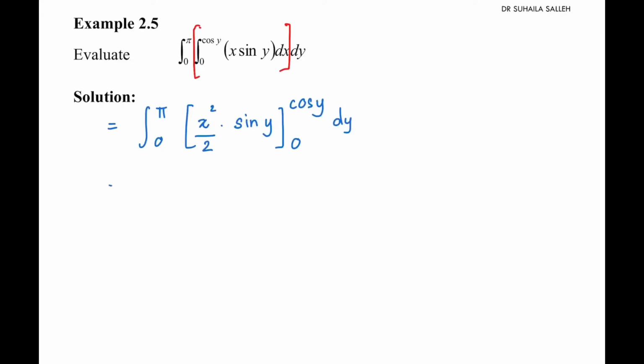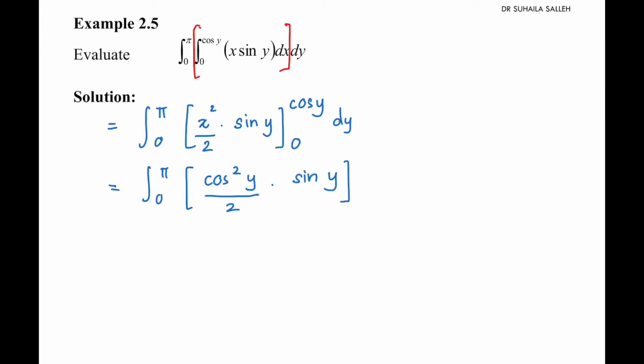Next, inserting the limits. So we insert that into the x values. Now it's going to be cos squared y over 2 times sine y.